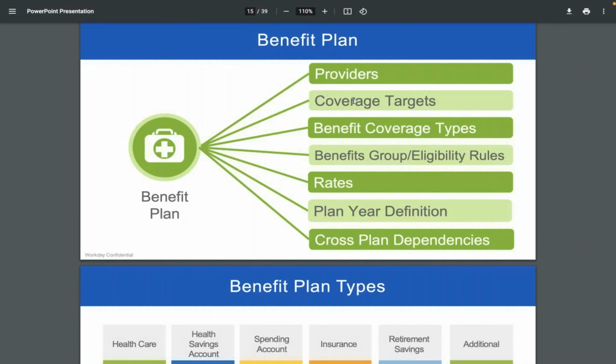And then coverage target. Who is covered under this plan? When I say healthcare: employee only, employee plus spouse, employee plus spouse plus children, employee plus spouse plus children plus parents. It depends again on how the provider and employer are offering the benefits.